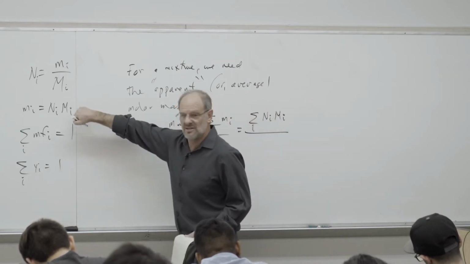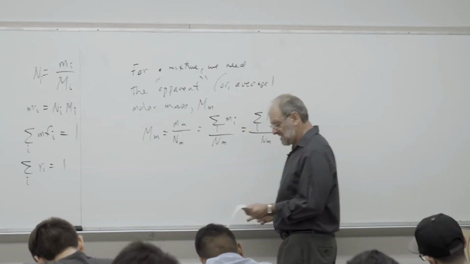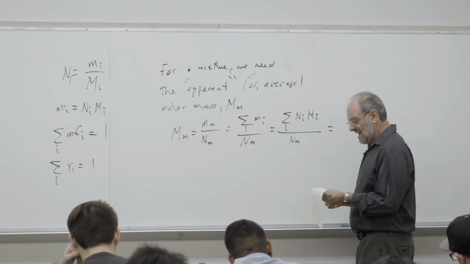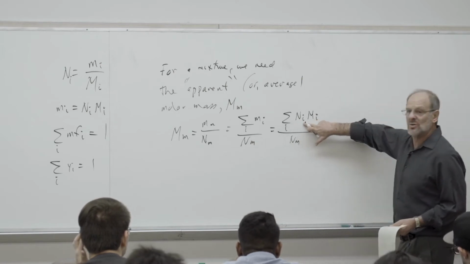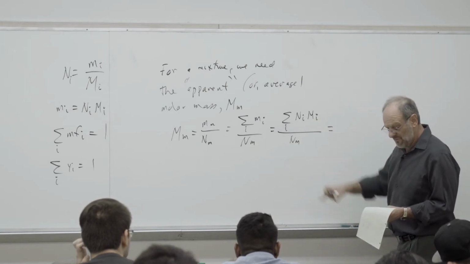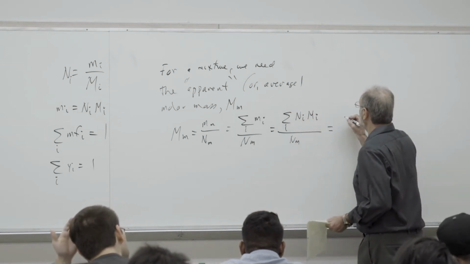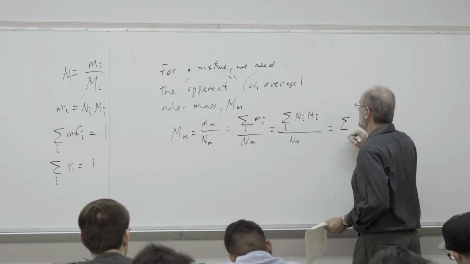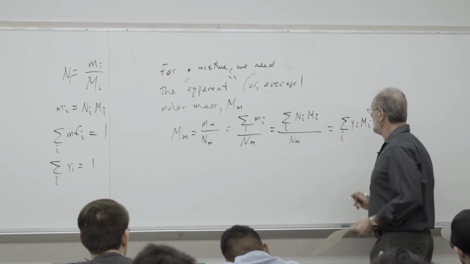I'm just subbing in this particular equation here, right? And then divided by N sub m. And then we can relate the number of moles of a component to the number of moles of the mixture. Well, we simply call that the mole fraction, right? So this can be further simplified into simply the sum over all i of y_i times the molar mass M_i.